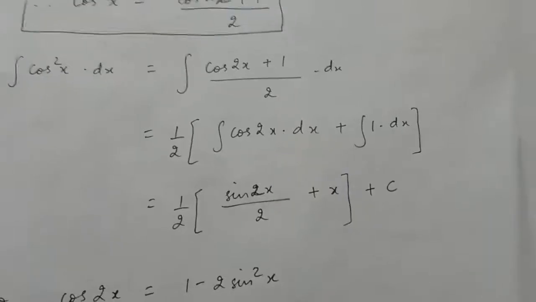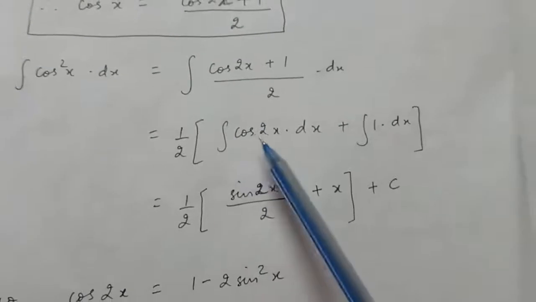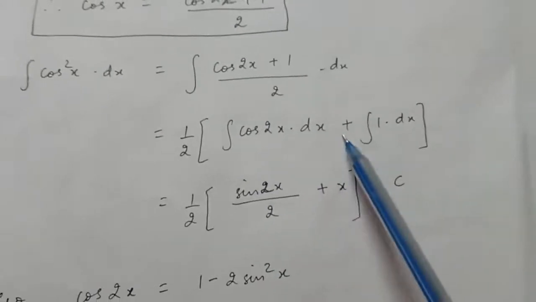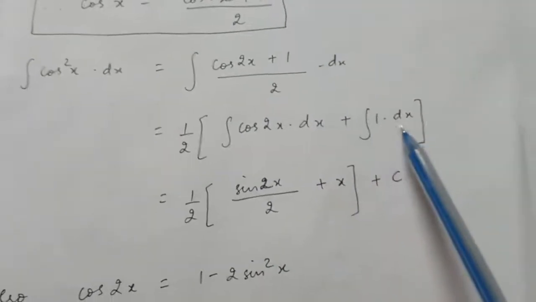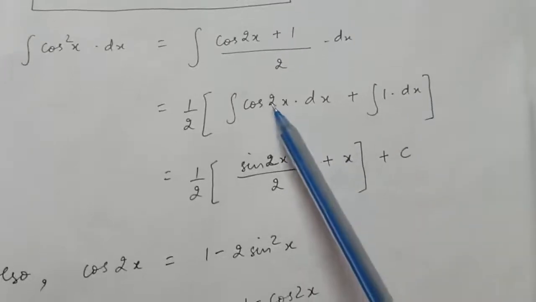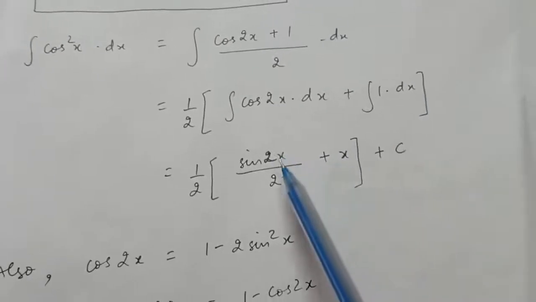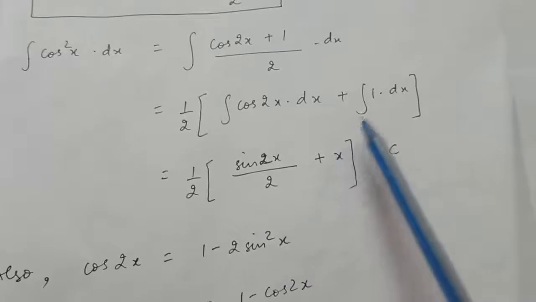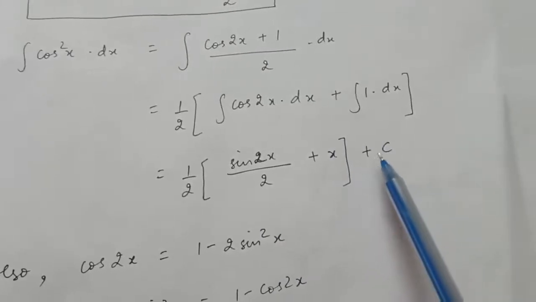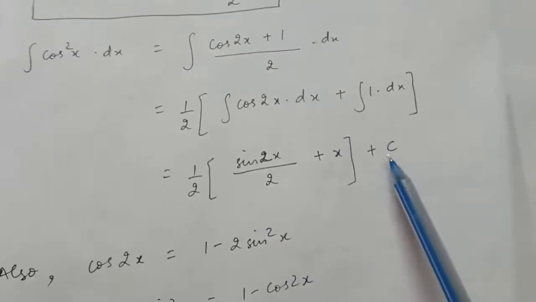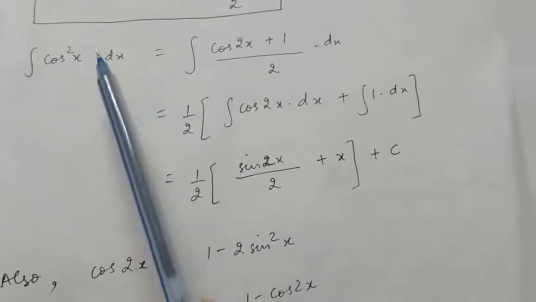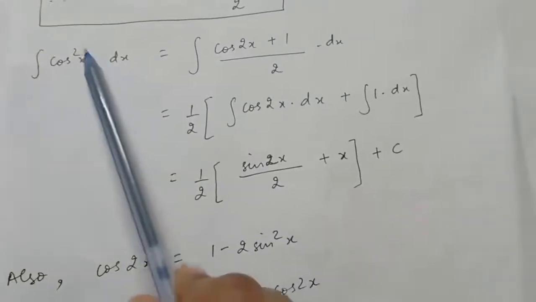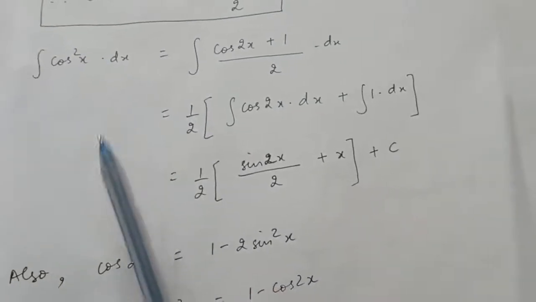So this can be written as integral of cos 2x into dx plus integral of 1 into dx. Now you know the integral of cos 2x, which is sin 2x by 2, plus integral of 1 is x plus constant of integration, right? So this is how we can solve the integral of cos square x.